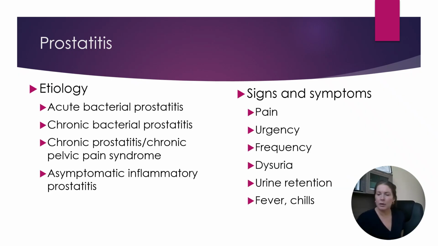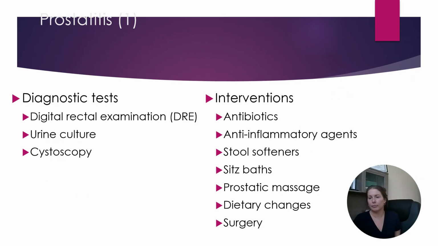So our etiology of prostatitis is going to be, it can be acute bacterial prostatitis or chronic. Signs and symptoms, we're going to have a lot of pain, urgency, frequency, dysuria, urine retention, fever, and chills. Diagnostic tests from this, we can do a digital rectal exam, urine culture, cystoscopy.